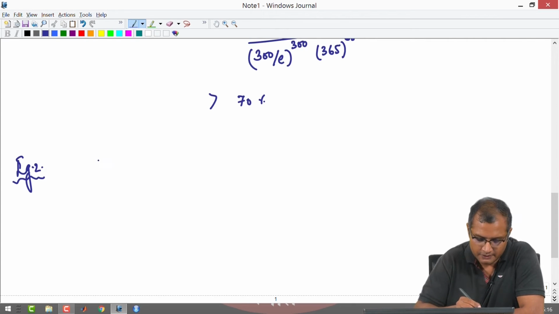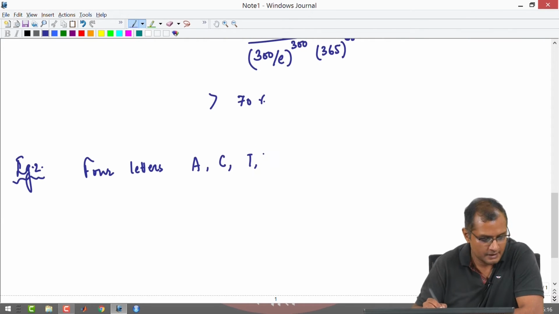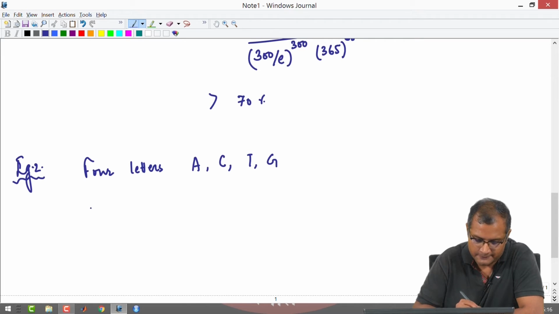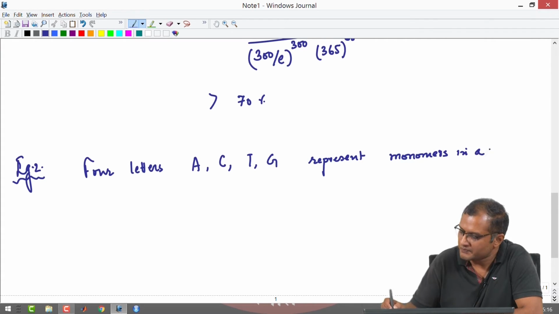Let us say that you have 4 letters, and I spell them out as A, C, T and G. Suppose these 4 letters basically represent monomers in a peptide chain.